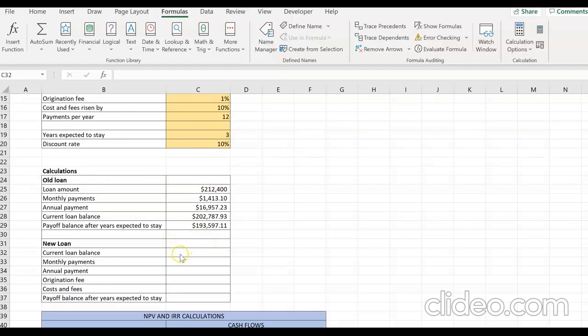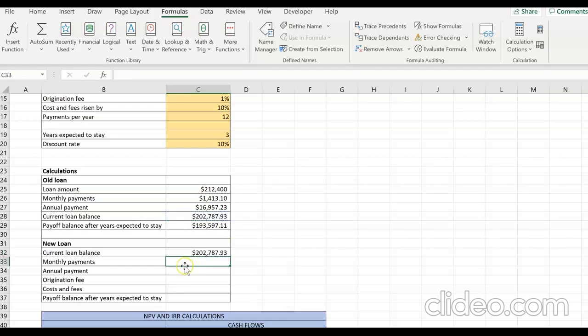To calculate the new loan, we have the certain loan balance, the previous amount.